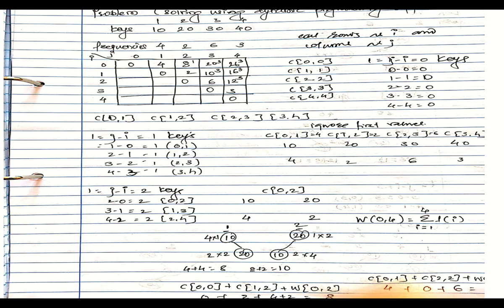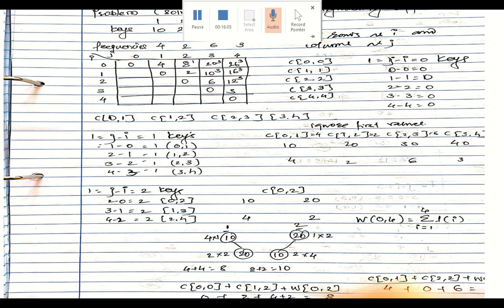So which is the minimum value out of it? Definitely 8 is the minimum. And what is the root of 8? The root of 8 is 1. So what I have written is, for 0 comma 2, the value is 8 with root 1, which I have written over there. You can see that.